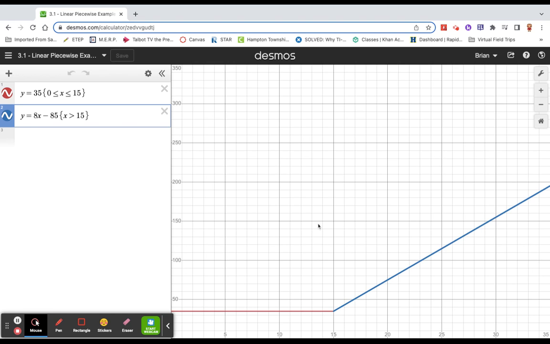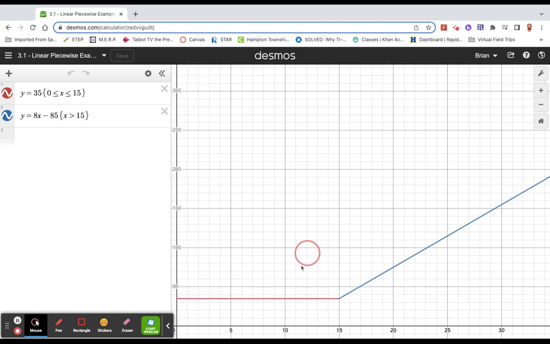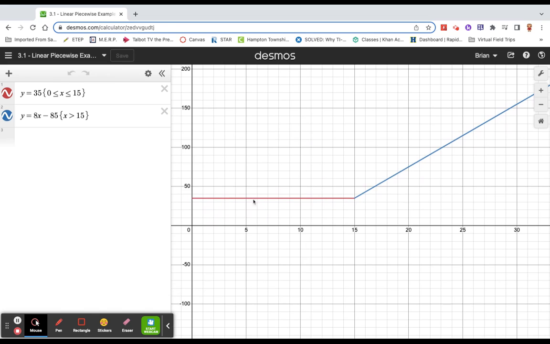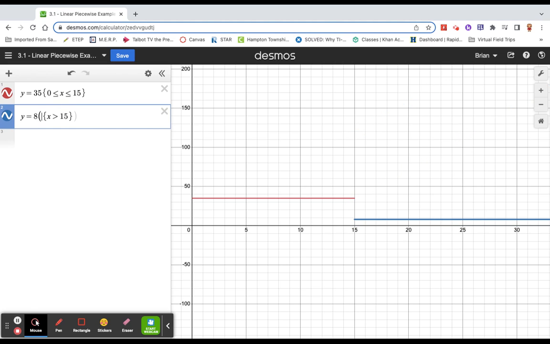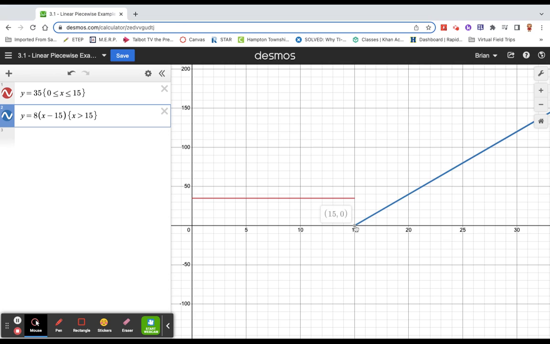Now, for the sake of conversation, if I was to leave off that $35 from the original equation, the function would look a little bit like this. Now, you can still get the information that you need from this.